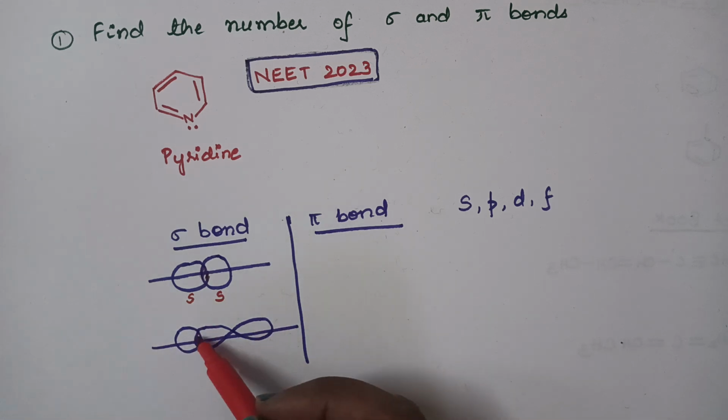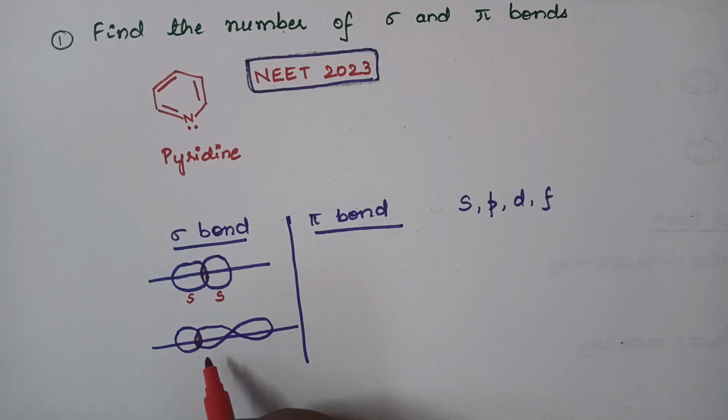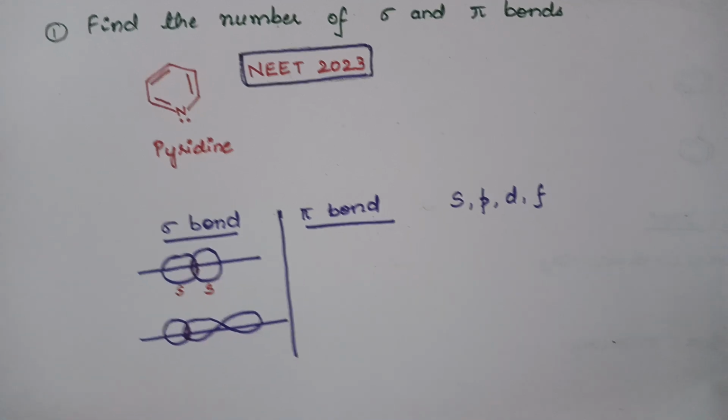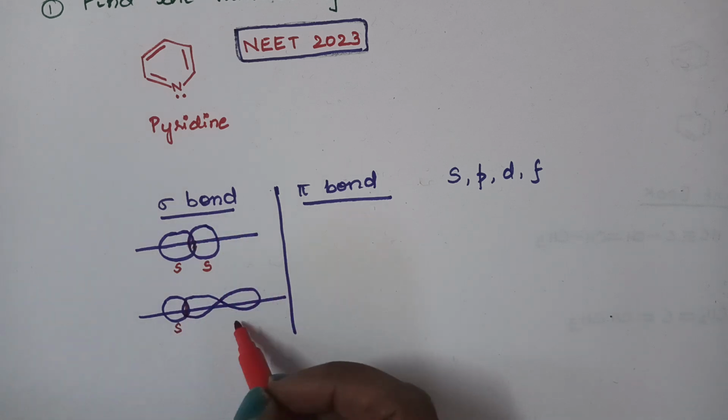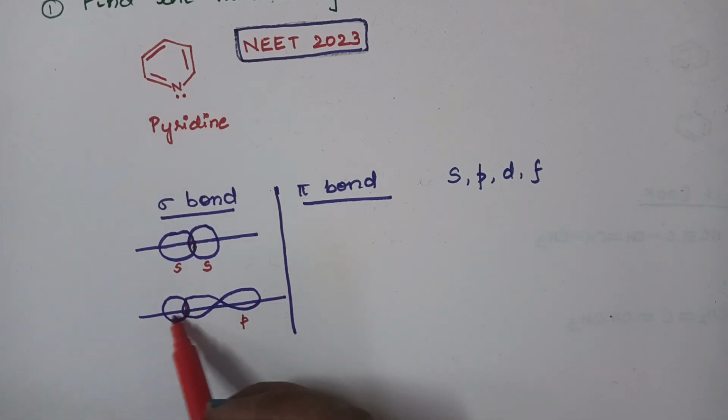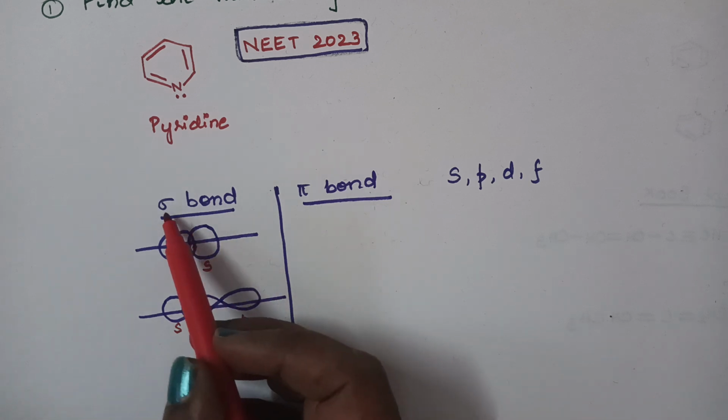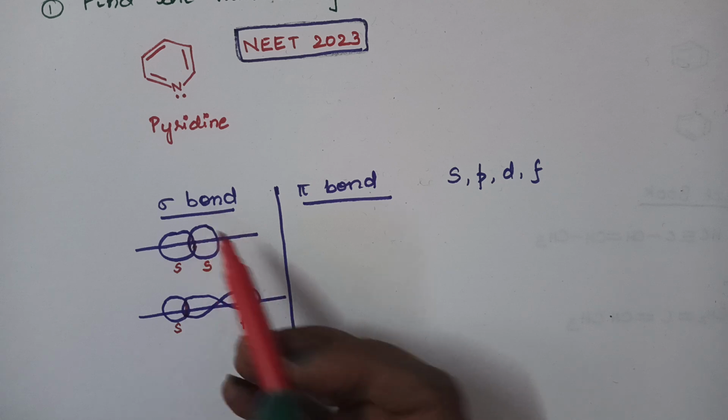You can see this is the overlapping. This also results in the formation of a sigma bond. This is the s orbital and this is the p orbital, and if they overlap like this along the axis, it results in the formation of a sigma bond.